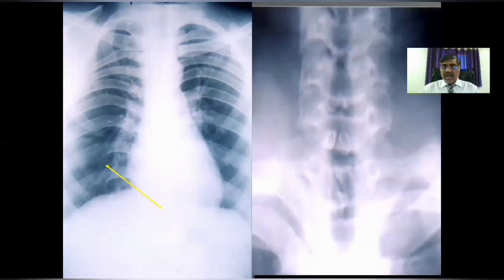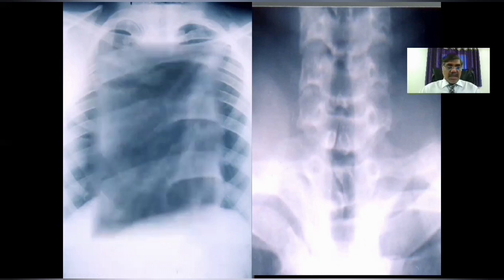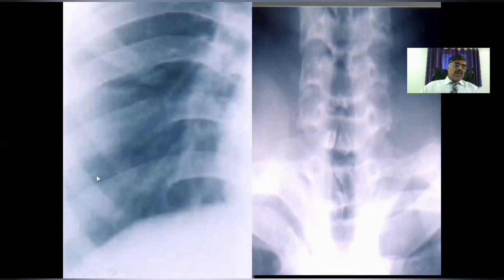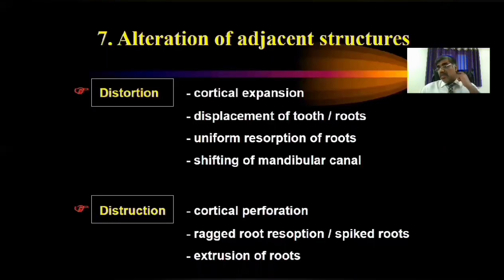There is a cleft in the vertebra. And there will also be a bifid rib that could be appreciated in this radiograph. There is a rib which is dividing into two, a bifid, fork-like rib. So this is called Gorlin-Goltz syndrome.